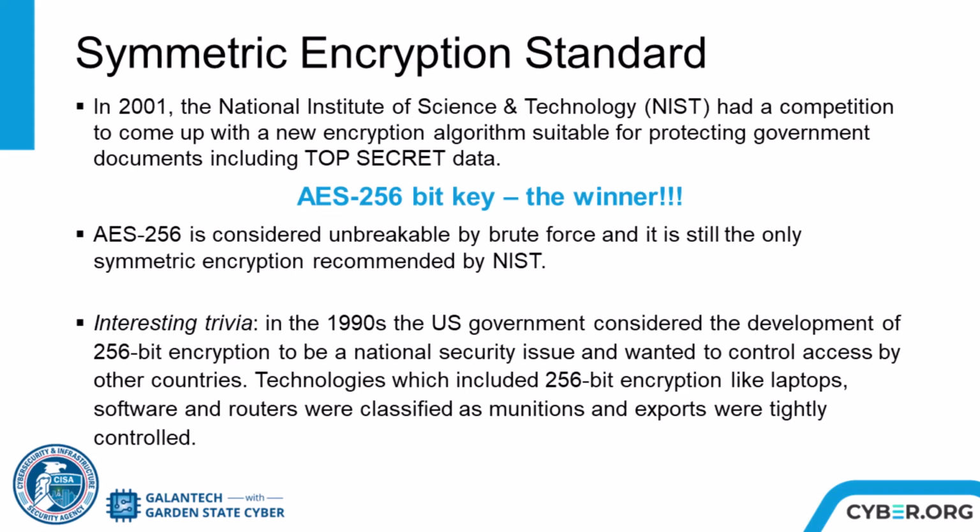Here's a bit of trivia for you. Trying to regulate 256-bit technology by classifying it as munitions actually backfired on the US government. Initially, companies tried to create two versions of their devices or software, one with 256-bit encryption and one with just 56-bit encryption.